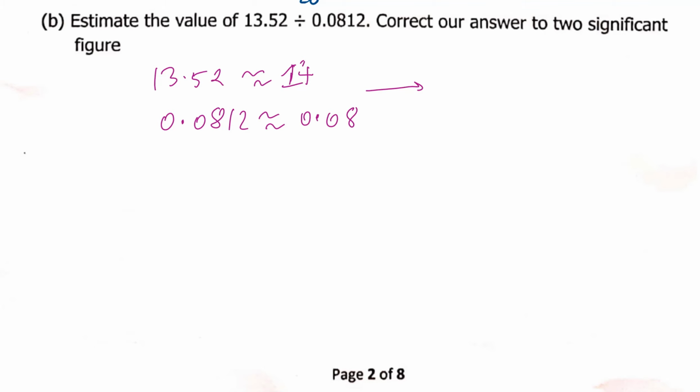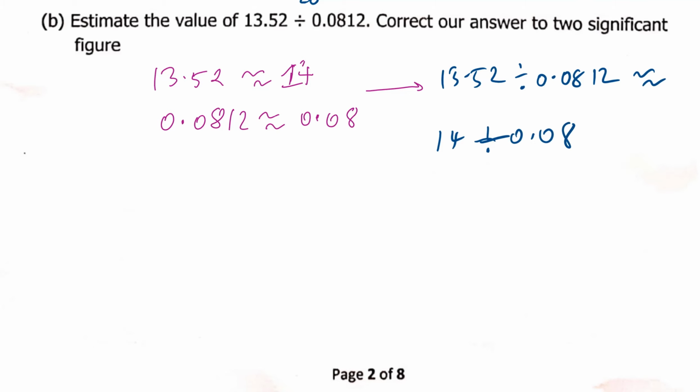So now 13.52 divided by 0.0812 is approximately equal to 14 divided by 0.08.